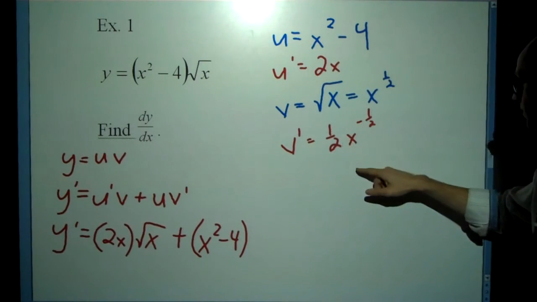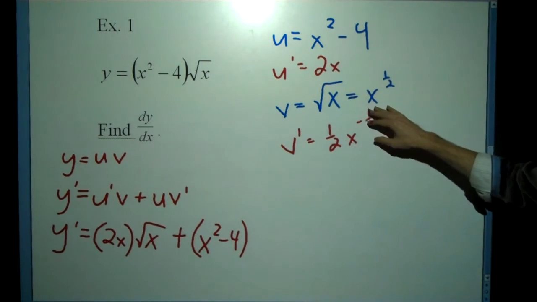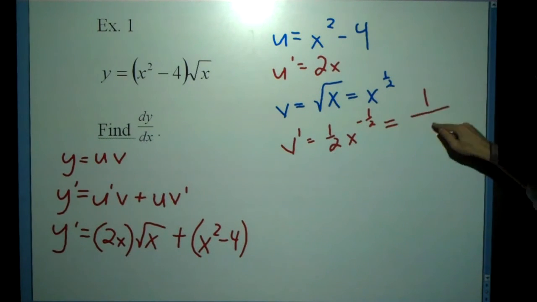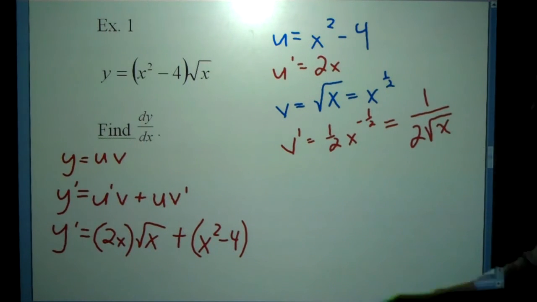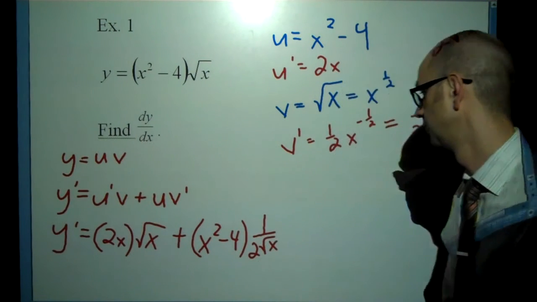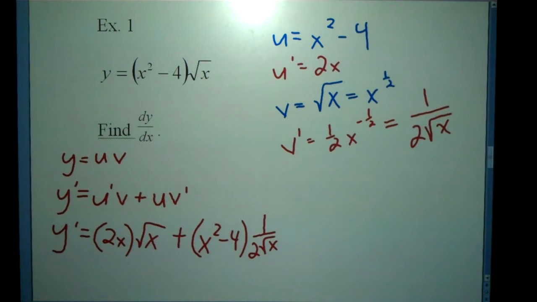I should probably clean this up here. So we've got a negative exponent, so the x goes into the denominator with the 2. So I have 1 over 2, and then the 1/2 is a square root, so 1 over 2 square roots of x. So I'm going to write it just like that. I don't think there's too many like terms we can deal with here.